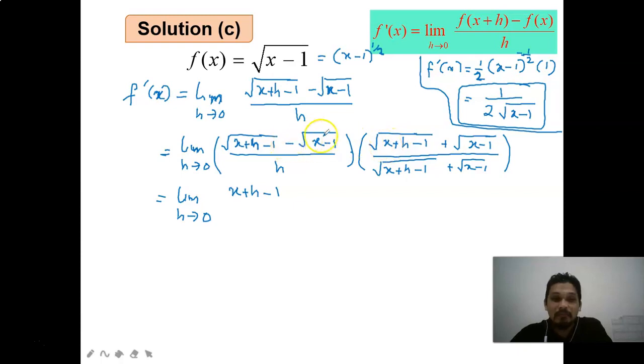And then negative multiplied with negative, negative multiplied with positive, negative, and the square root of x minus 1 multiplied with the square root of x minus 1 gives x minus 1, and divided by h multiplied with the square root of x plus h minus 1 plus the square root of x minus 1.